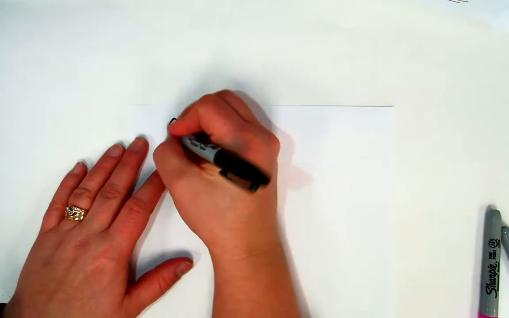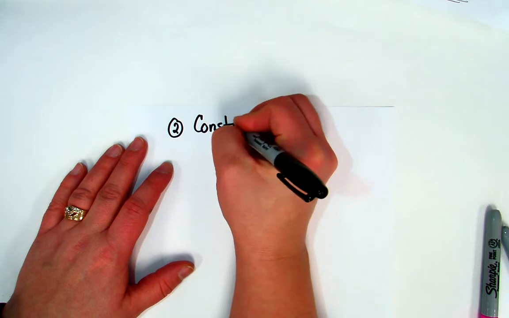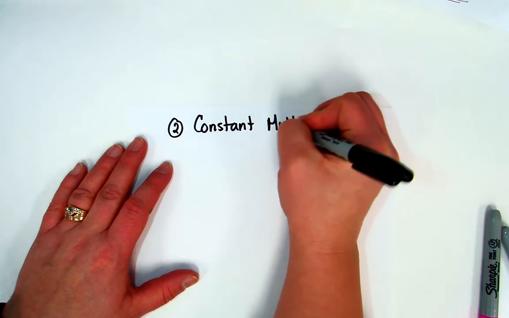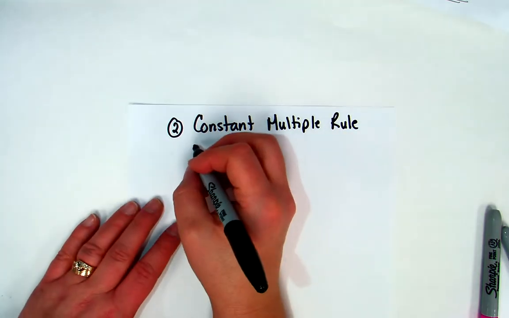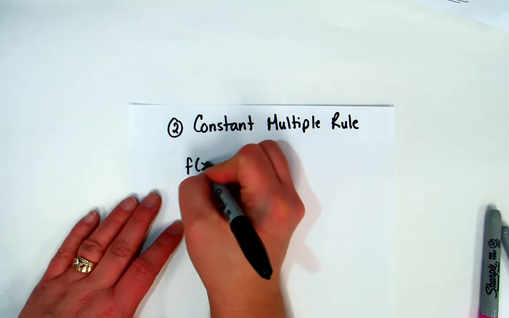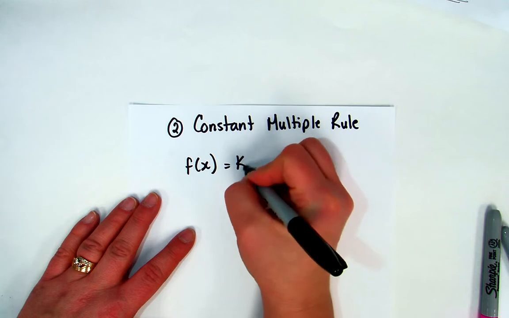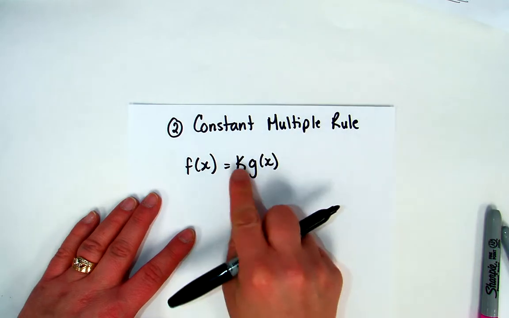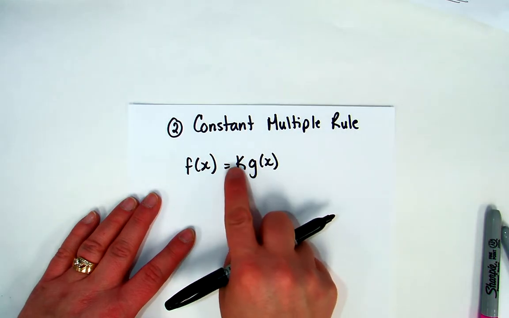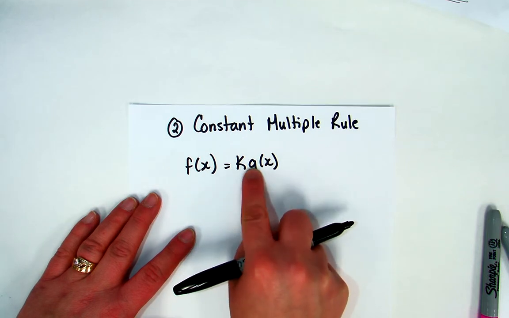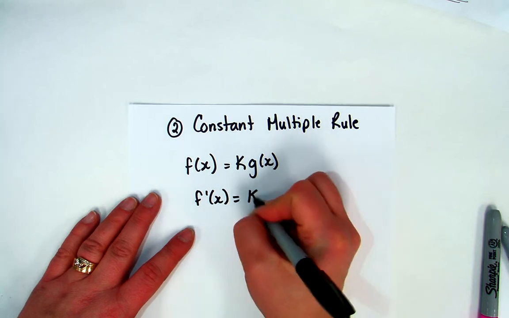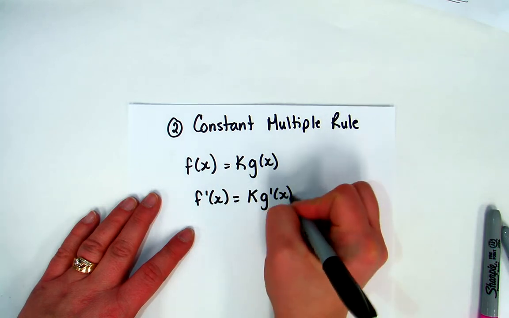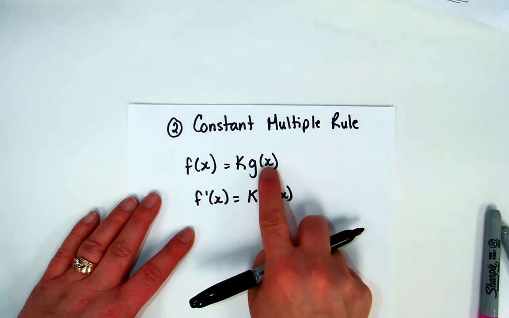Our second rule was the constant multiple rule. So if you have a function, f at x, and it's equal to k times another function, so 2 times x squared, or 3 times x, so you have a number in front and then something to do with x, then f prime is going to be just that constant multiple times whatever the derivative is of this function.